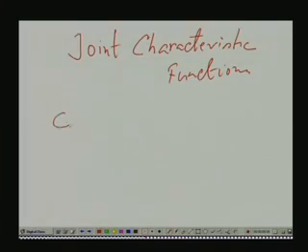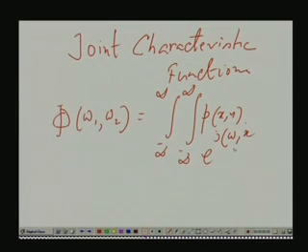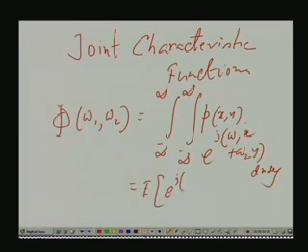So, we define the joint characteristic function as the integral of p(x,y) e to the power j(omega_1 x plus omega_2 y) dx dy, or equivalently the expected value of e to the power j(omega_1 x plus omega_2 y).